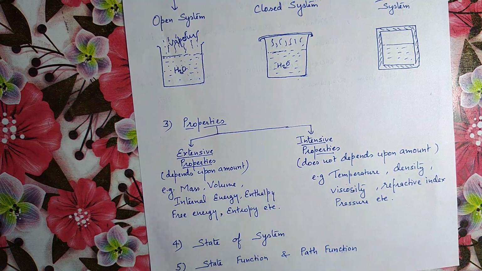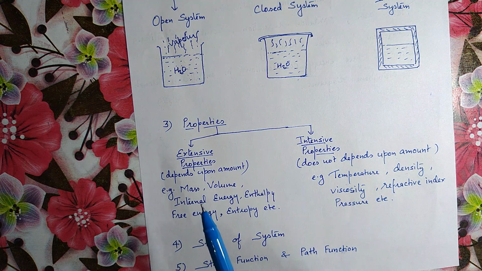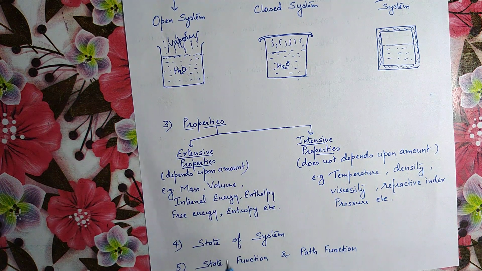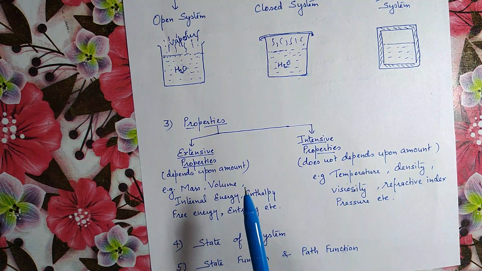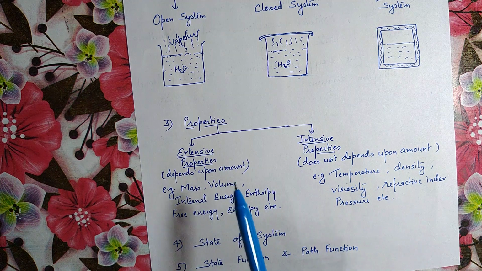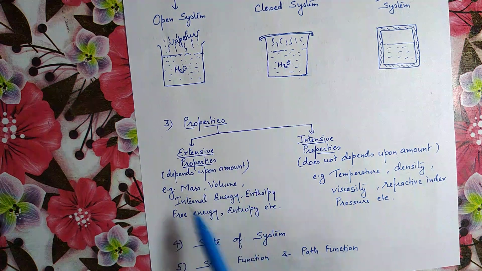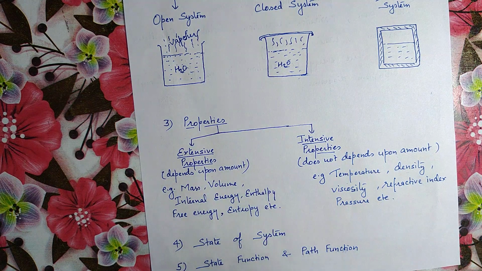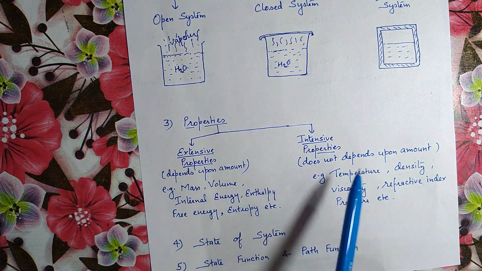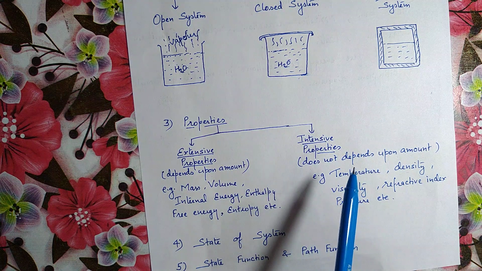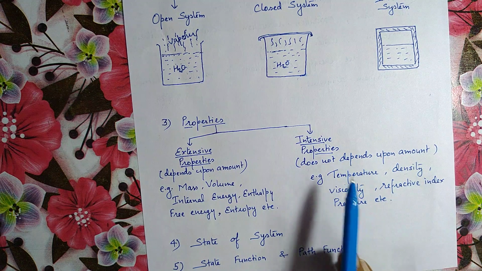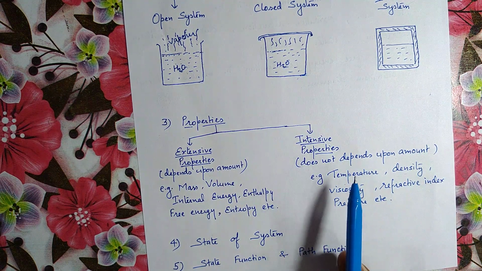What are extensive properties? These are the properties which depend on the amount of matter in the system. Those properties which depend upon the amount of substance present in the system are called extensive properties. Intensive properties are the properties which do not depend upon the amount of matter in the system.